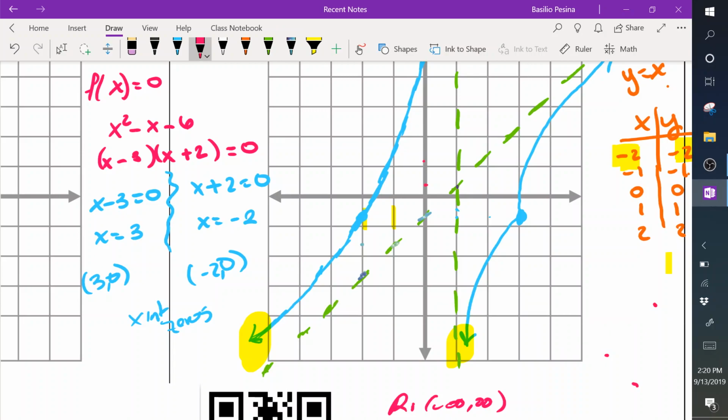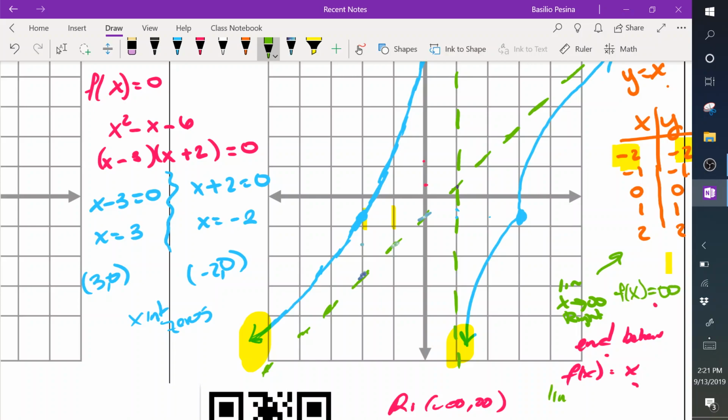When you're finding end behavior, it will behave like the asymptote we found, which was just x. So as x approaches positive infinity, my function behaves like the parent linear function, a little positive line like this. It will increase, my y's will go up and up to positive infinity.